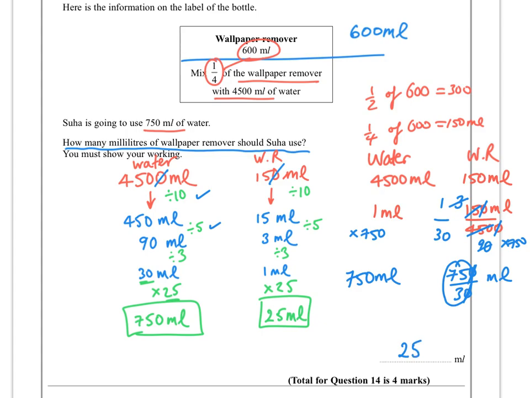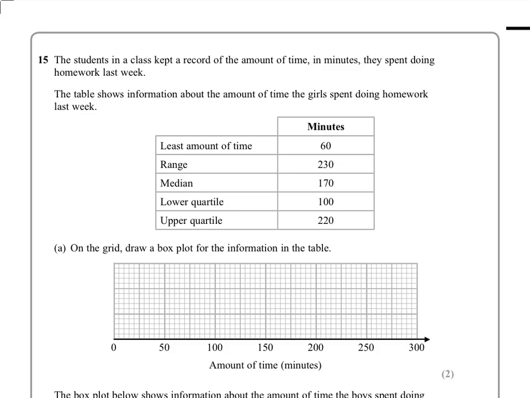So that's 2 ways of doing it. I'm sure there are plenty of others, but either way you've just got to try and get 4,500 here to appear as 750, but you've got to do exactly the same, and you can use the idea of ratio wherever you wish. That's absolutely fine, as long as you obey the rules of ratio. Whichever way you want to do it, it's completely up to you, but there's 2 ways for you.